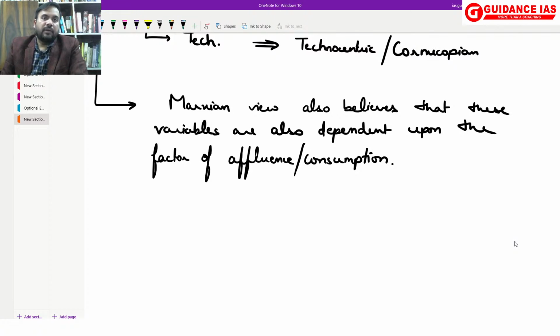So, according to the Marxian view, what is happening?